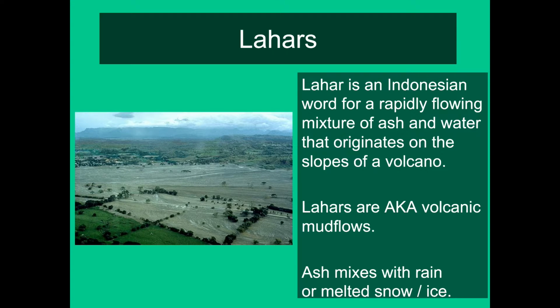You need it to mix with water from somewhere, and then it will flow downhill. So it's a form of mass movement. We talked about flows before in the coasts module, and this is exactly what this is, but it has a very specific formation, which is the ash from the volcanic eruption.